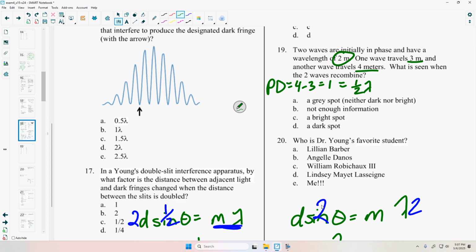A dark spot. 180 degrees out of phase is a dark spot. If it was 1 wavelength or some multiple of 1 wavelength, that would be a bright spot. And if it was anything else, it would be a gray spot, something in between. So if it was a quarter of a wavelength, that would be a gray spot. That one's on his test too. They're all on his test. Everything.